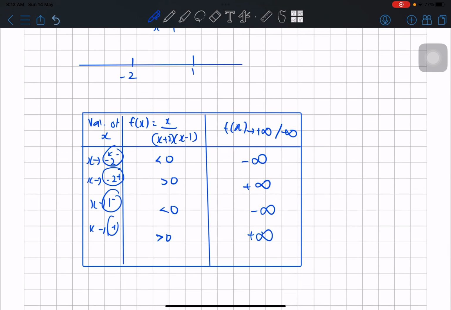So here we have determined the behavior of the graph. Moving on.